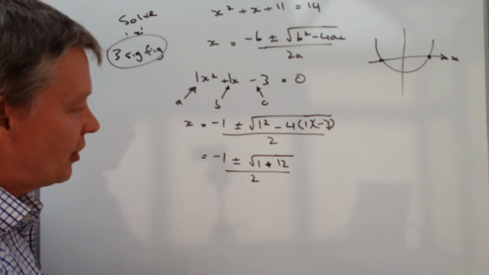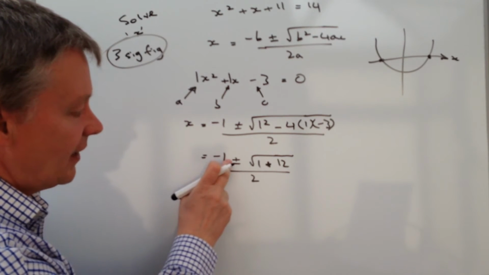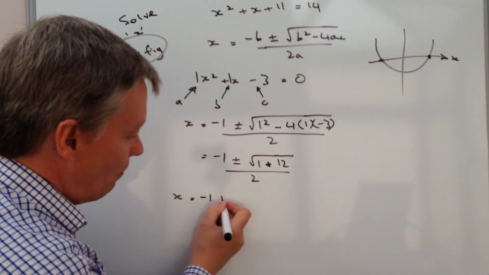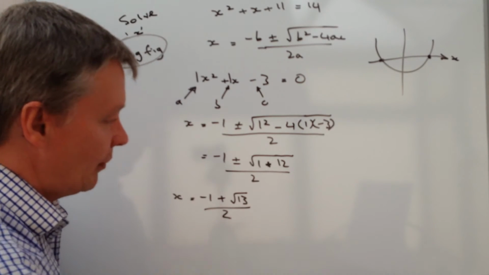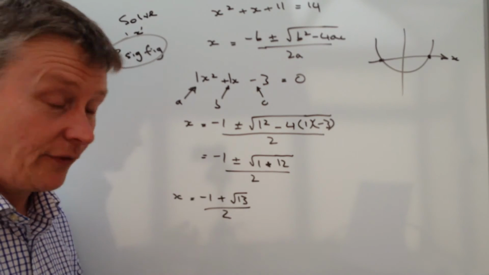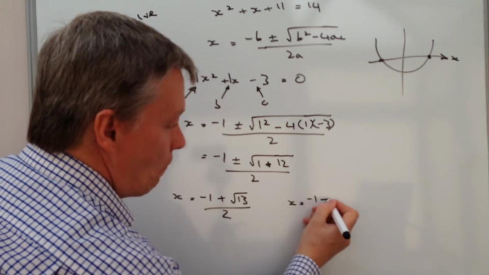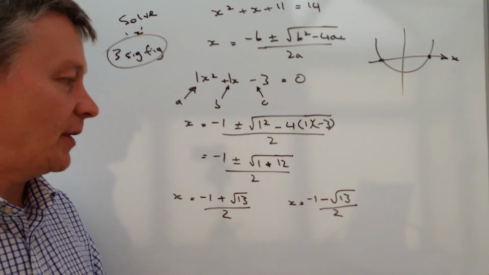So I can get my two values of x. The first one is where x is added to this root. So I've got x equals minus 1 plus the square root of 13, all divided by 2. And then my second value of x, I've got x equals minus 1 minus the square root of 13, all divided by 2.